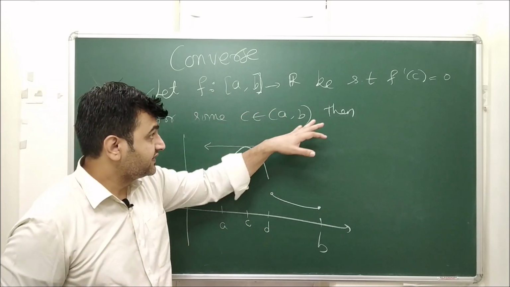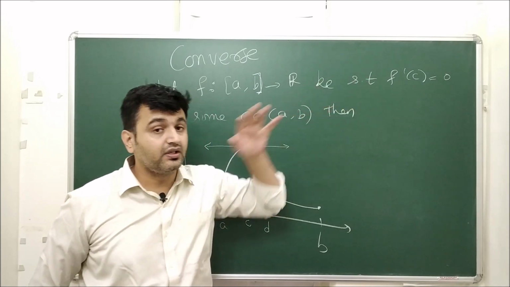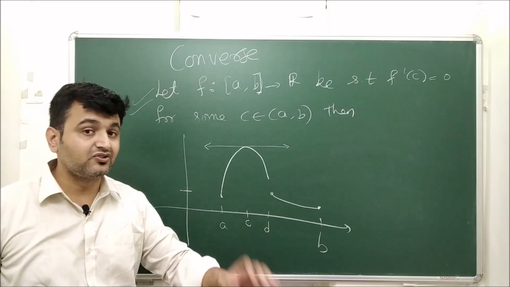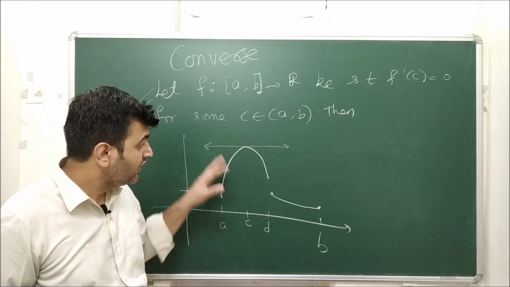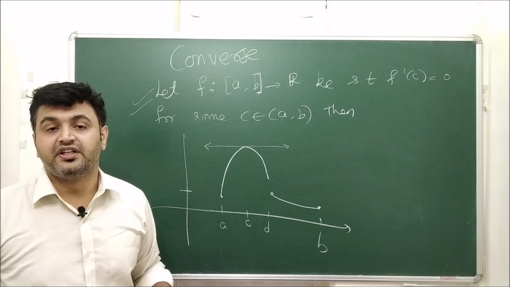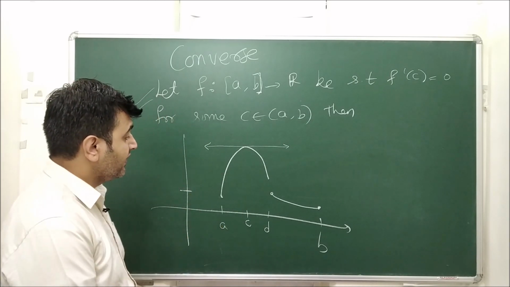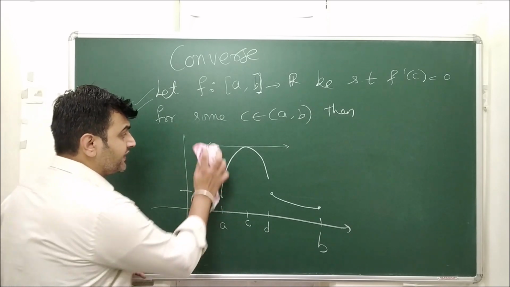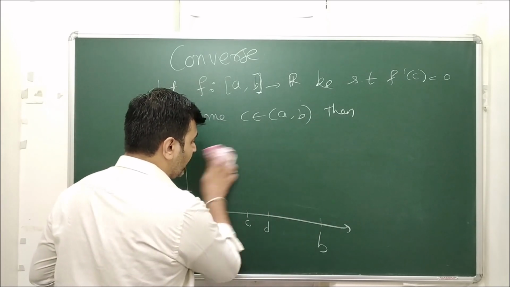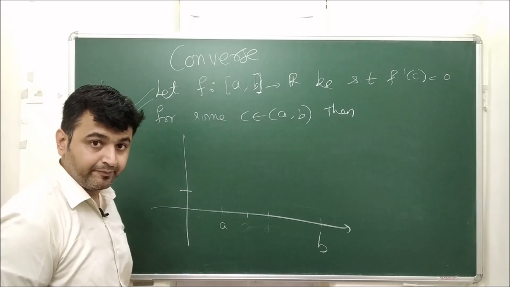So the existence of a point where the derivative is 0 does not imply that the function has to be continuous. Since it's not continuous, obviously it's not differentiable as well, because differentiability implies continuity. So as we lose continuity, we lose differentiability as well.